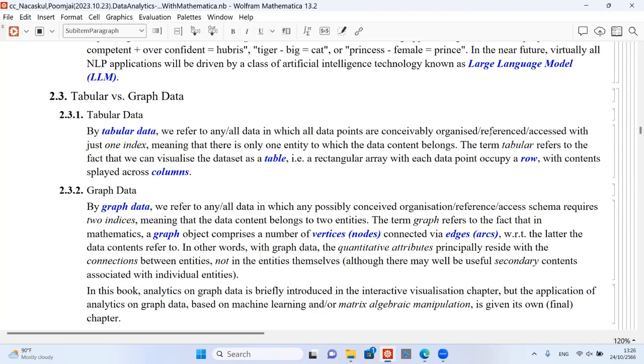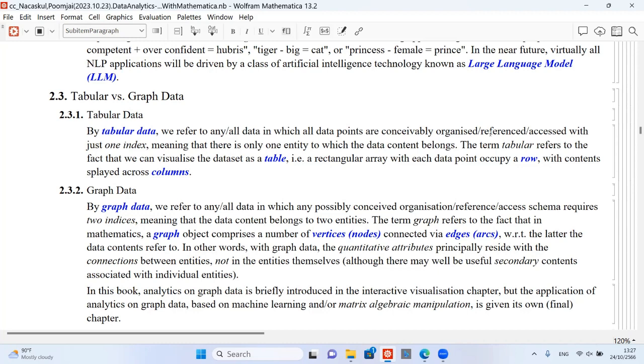Okay, so a screen has two indices, the vertical index and horizontal index, but theoretically that's just convenient. Theoretically, it's just one index because the information belongs to only one entity, only one pixel.